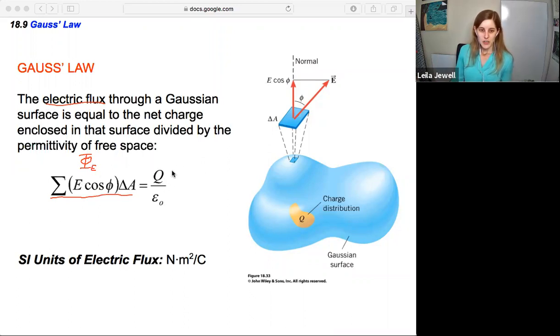And then Q, notice this is a capital Q, not a lowercase q like our others have been. That's because this is specifically focusing on the charge enclosed. This is sometimes even written as Q sub enc, because we want this enclosed charge.